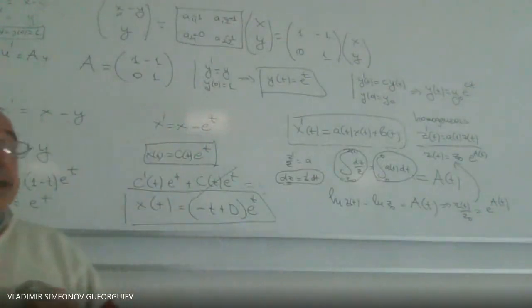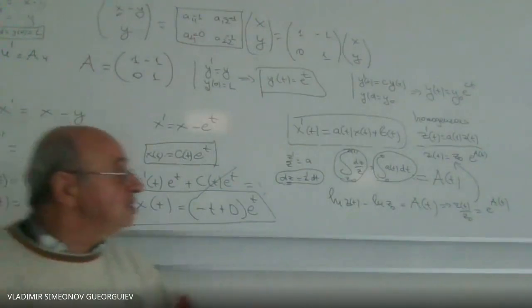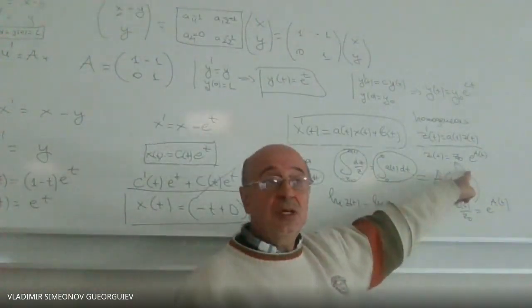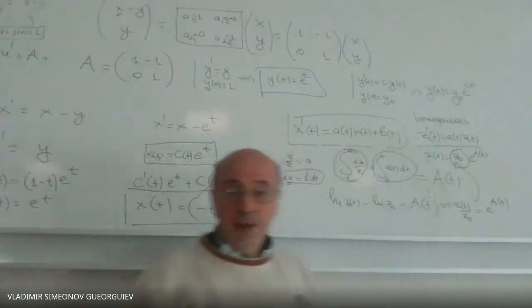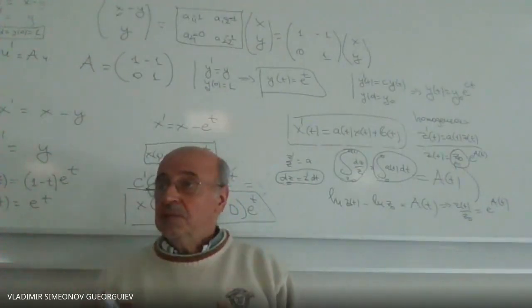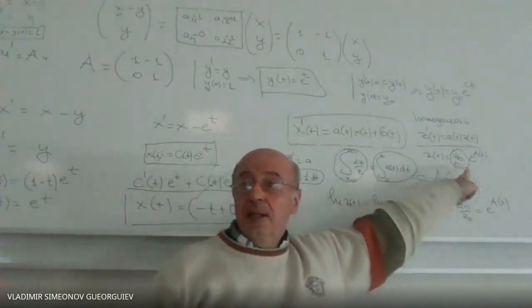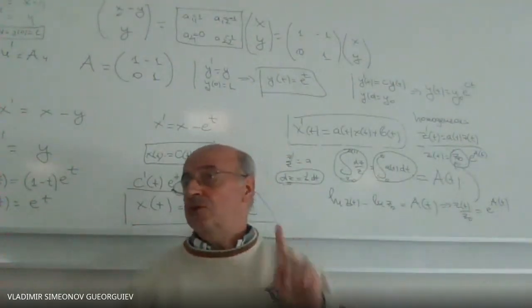Why? Because in this equation, you can immediately recognize one constant. Which is the constant? Zeta 0. And the method of varying constants means that you shall make this constant depend on t.